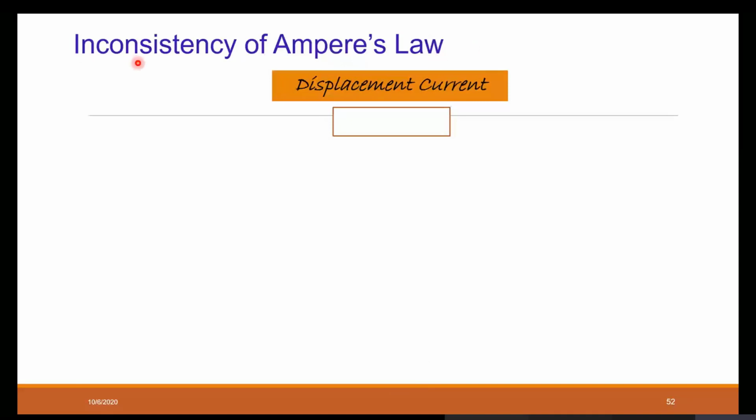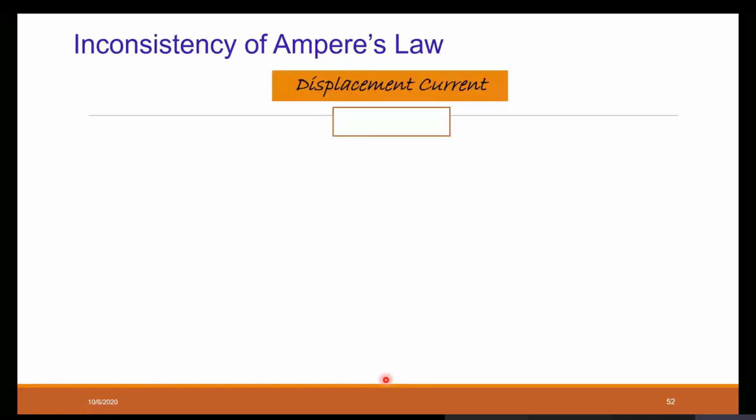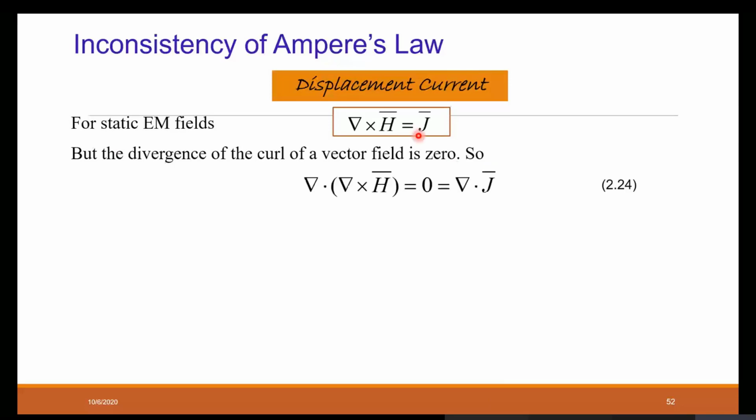So what have we derived right now? Del cross H is equal to Jc. For electromagnetic fields, del cross H is equal to J bar, but the divergence of curl of a vector quantity is 0. So if I take the divergence of the above equation, del cross H, then it is 0.